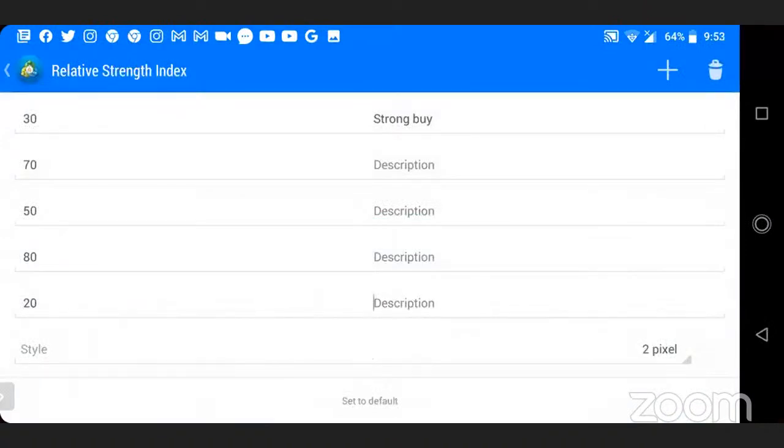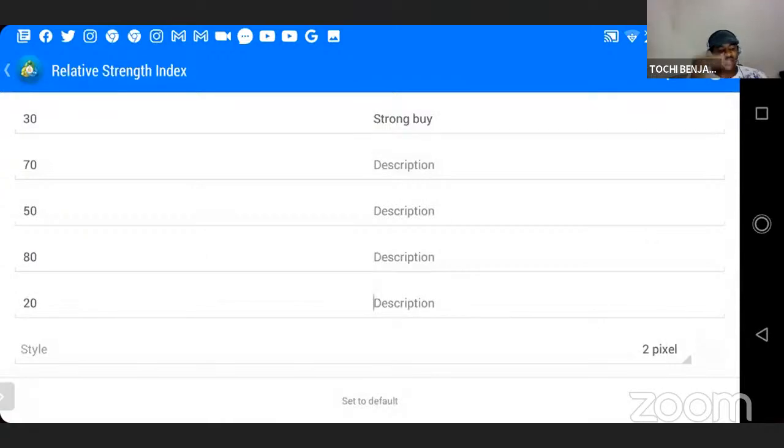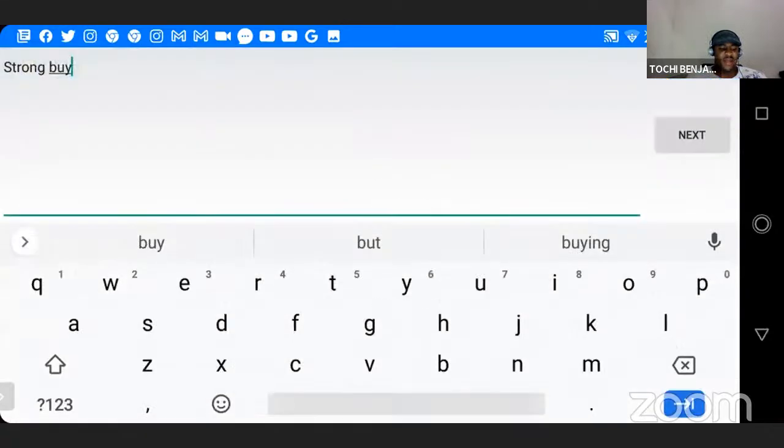Okay, we have 30, 70, 50, 80, and 20. 30, 70, 20 is the last, 80. So this 30 is a buy, not strong buy. The next one is 70, a sell.